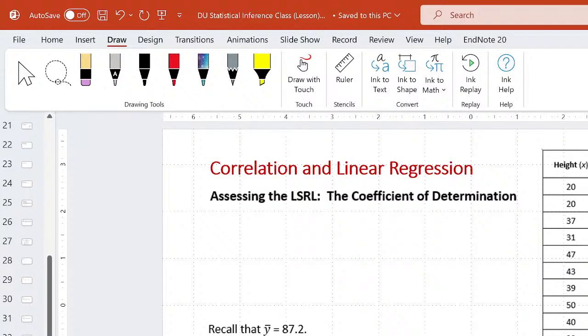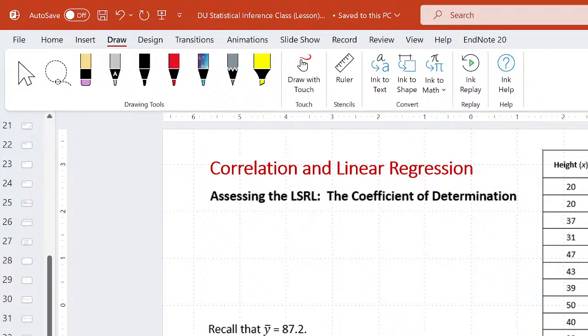So remember the whole thing with the sum of squares I did with the ANOVA? I'm going to show it again. Knowing that the mean of y is 87.2, I subtracted 87.2 from all 10 y values, which would be the numerator of the variance.